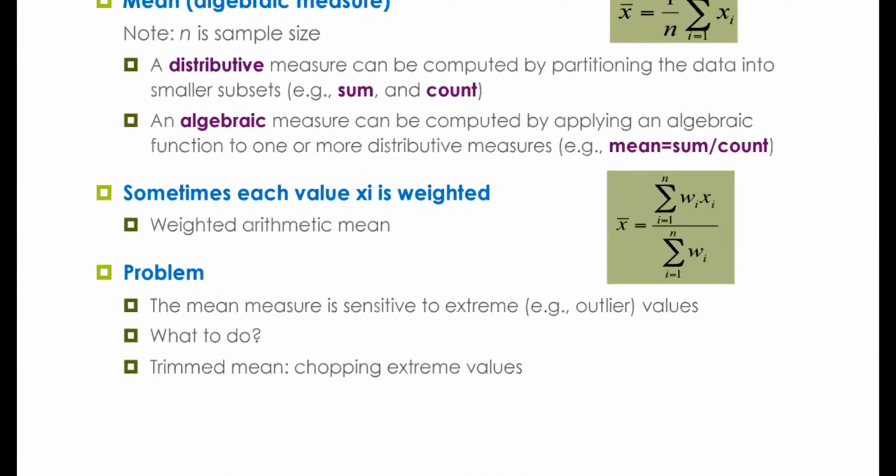So you chop some of the data, eliminate that type of people, and find the mean. That is the trimmed mean. Or you consider an average value, some x value, for the missing entries. That is the way of finding the mean value.